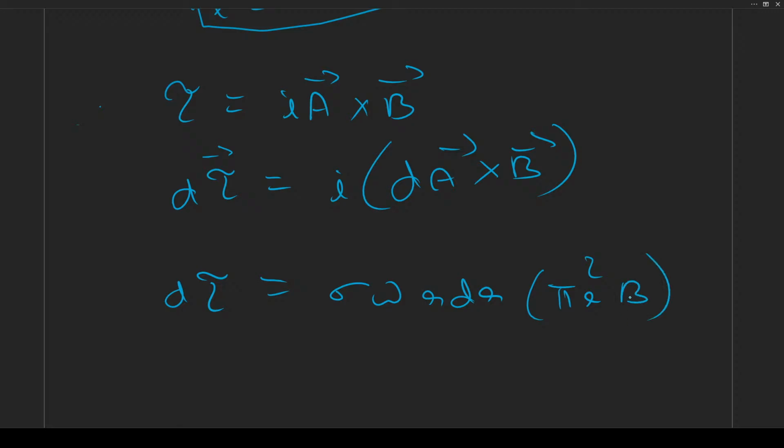B sine 90 is 1, since they said it's perpendicular, and this r we can multiply to become r cube.